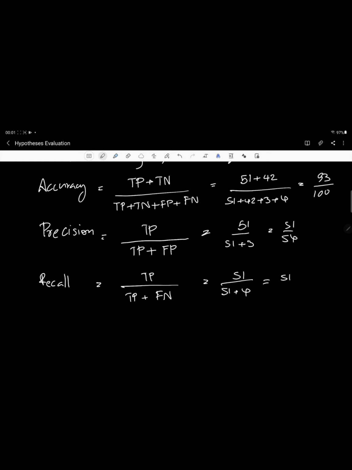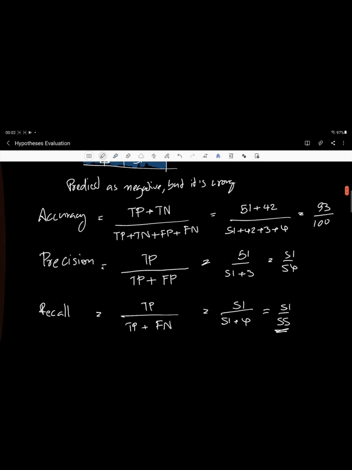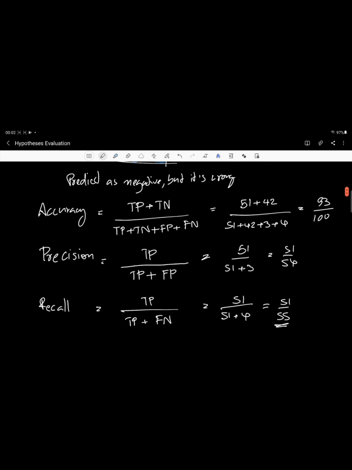So this is 51 divided by 55. I think you can still remember that we have actual 55 positive. Okay, so I'll explain these numbers first. See you in the next clip. I'll explain about the precision and recall.